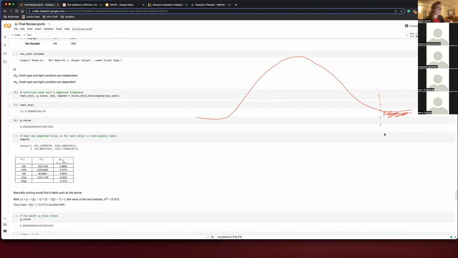And that's why we use this alpha. And if it's smaller than, we can have evidence to reject the null hypothesis. But if it's larger, that means that the area under the curve is over here, so that we did not find evidence and we failed to reject the null hypothesis.